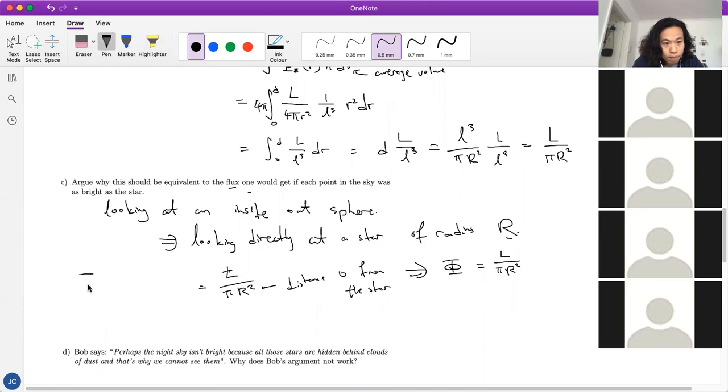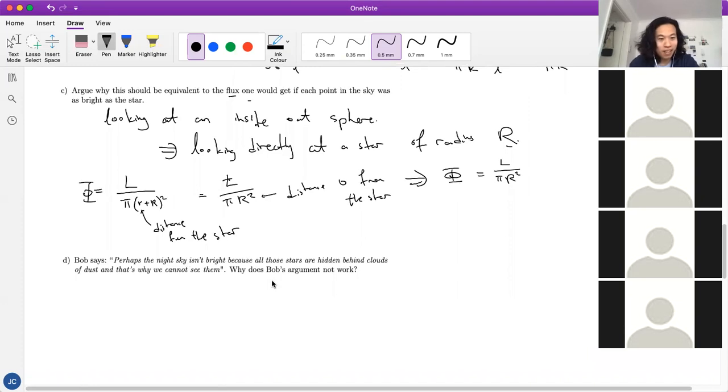Technically, this is equal to L over 4 pi r squared. So this r is the distance from the star. Then if you're right up at it, then r equals 0, and you get that. All right, cool, hope that makes sense.